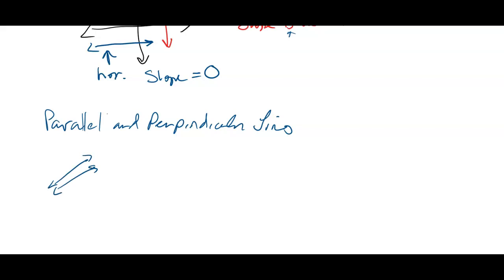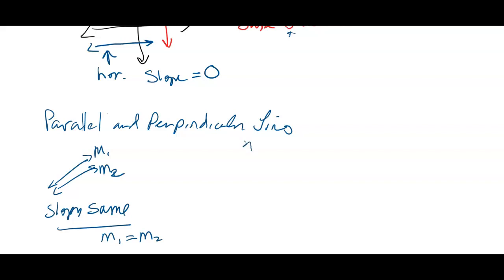Parallel lines have slopes that are the same. If M1 is the slope of the first line and M2 is the slope of the second line, and they're parallel, M1 equals M2.